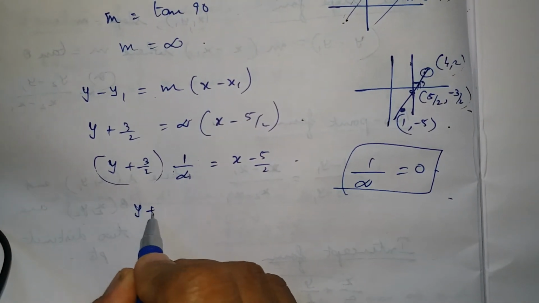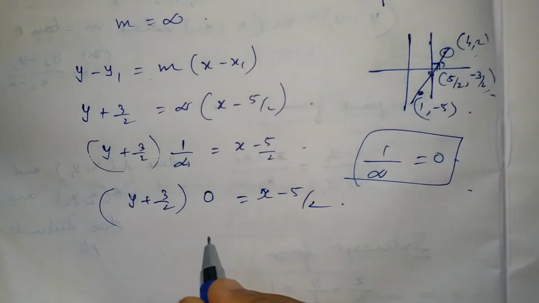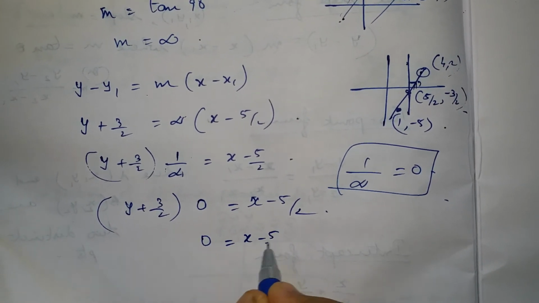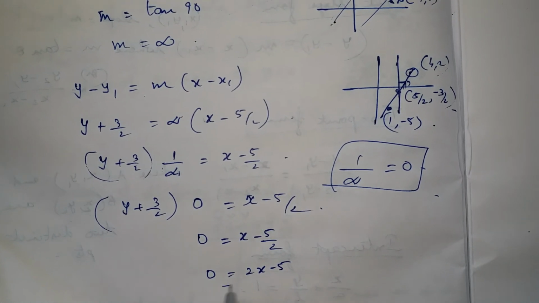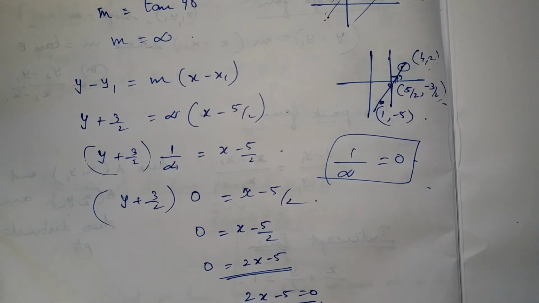So (y plus 3 by 2) into 0 is equal to x minus 5 by 2. This multiplication will become 0. So 0 is equal to x minus 5 by 2. Take LCM, 2x minus 5. So this is your equation. You can write 2x minus 5 is equal to 0 as your required equation.